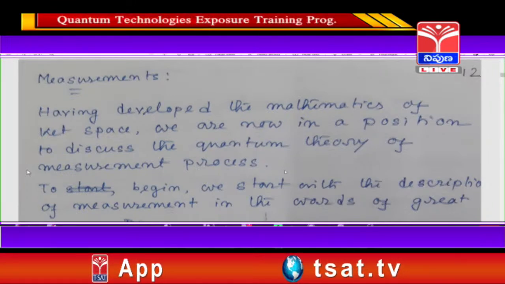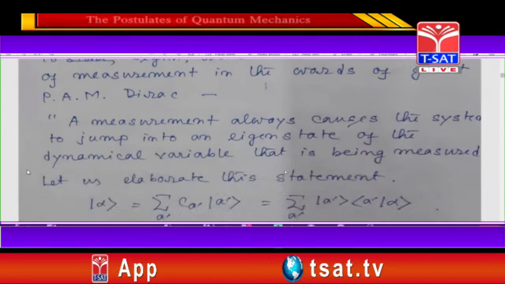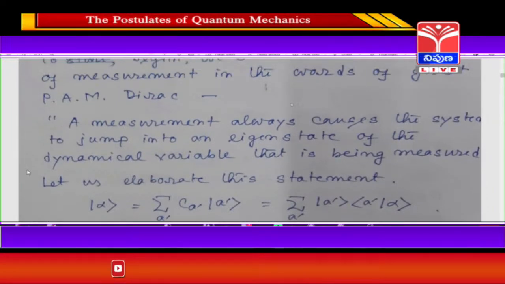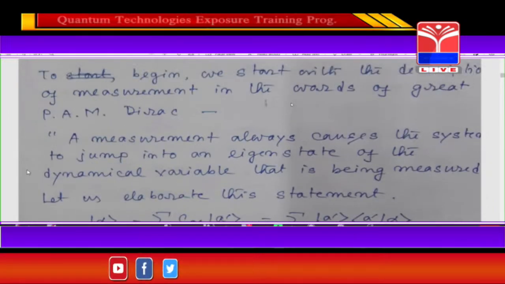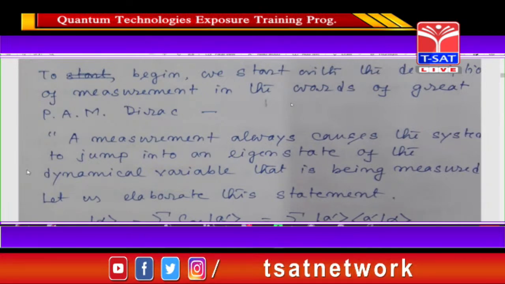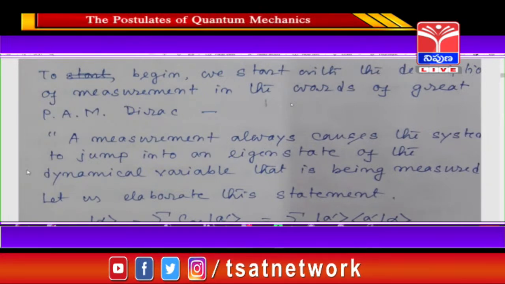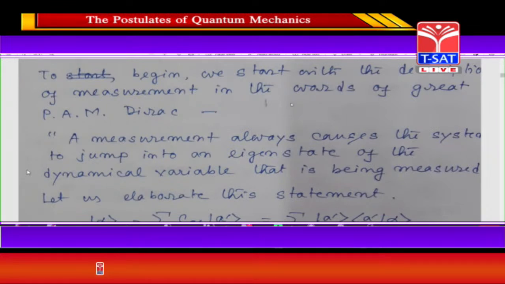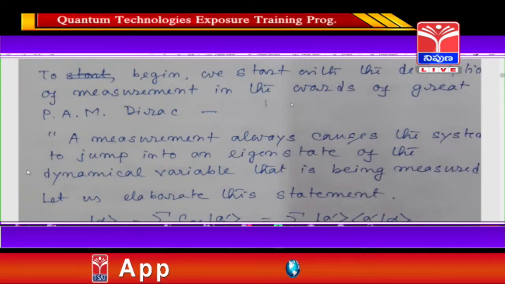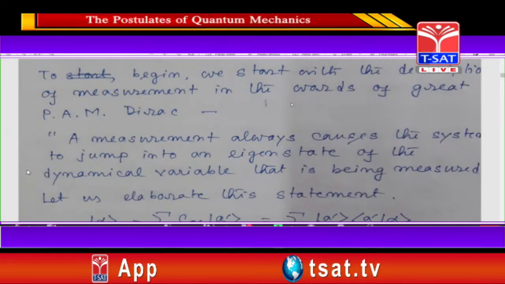How do we do that? What is a measurement? A measurement is a disturbance happening on the system and picking something up from it. Dirac said that a measurement always causes the system to jump into an eigenstate of the dynamical variable that is being measured.